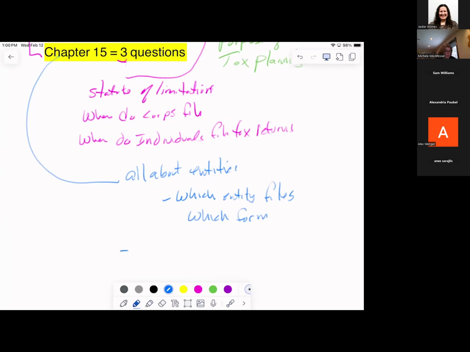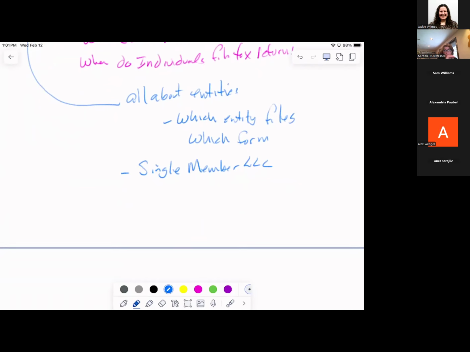Remember that we have those things called a single member LLC. And remember that single member LLC is kind of a wacky thing because that single member LLC is called a disregarded entity.